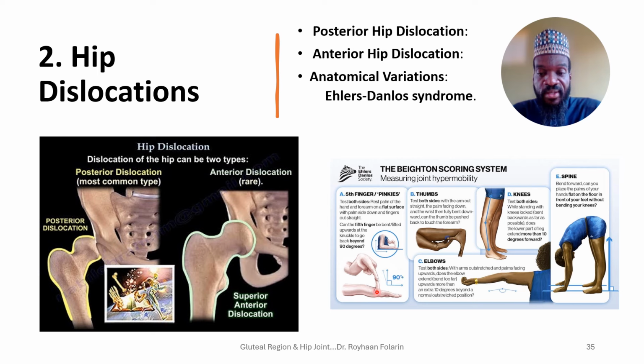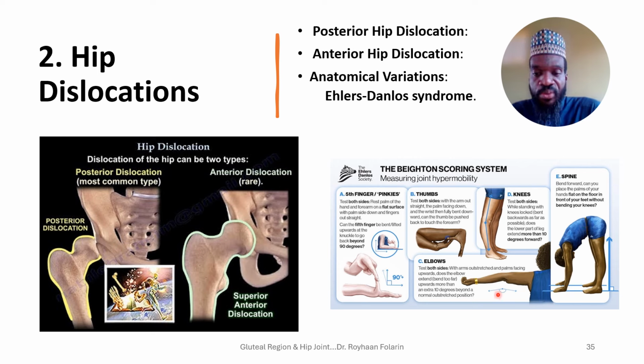It could go as far as 90 degrees or even beyond that, which is not usually the case in normal individuals. You could also have that affecting the thumb, right? And it could also affect the angulation of their knees, and how much they can bend and extend their spine entirely.